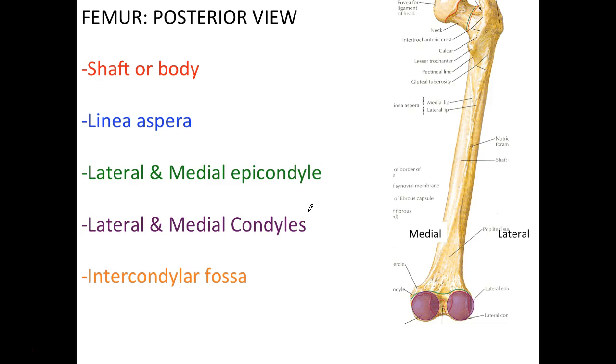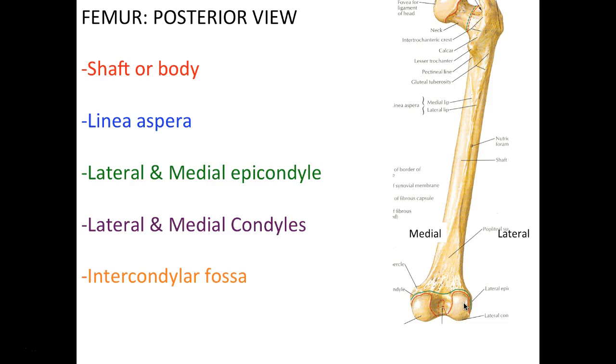This is your medial condyle of the femur, and this is your lateral condyle of the femur. So I want to take a moment now to mention on your exam, if you have this marked, you can't just say, let's say, medial condyle, because there's a medial condyle on a couple of bones. We have it on the femur, we have it on the humerus, there's one on the tibia. So you want to be specific. You need to say medial condyle of the femur.